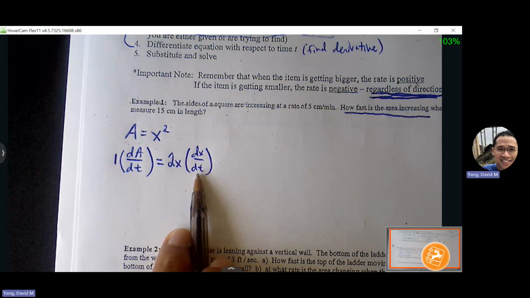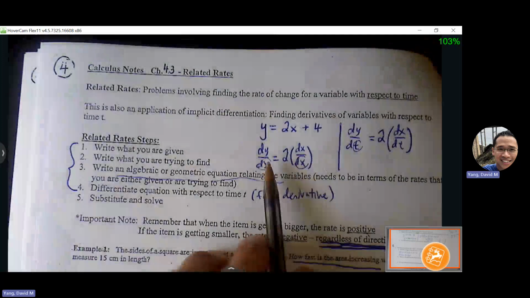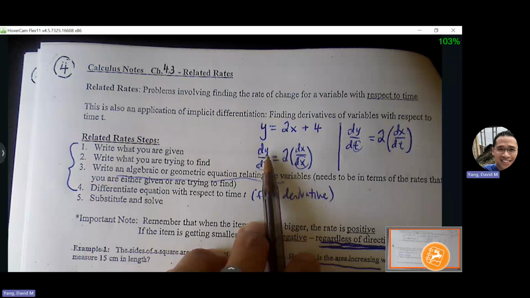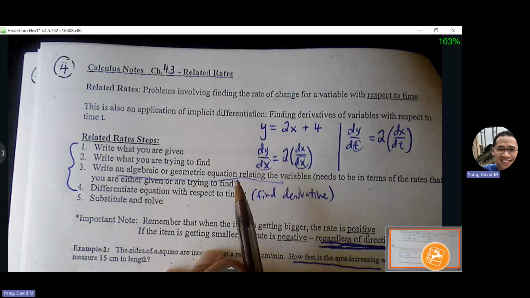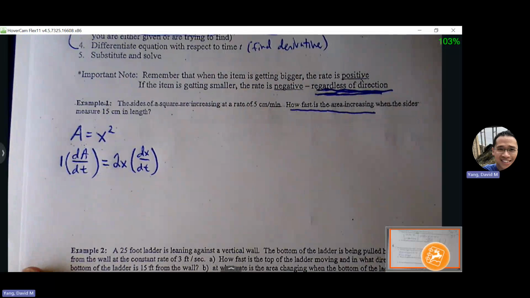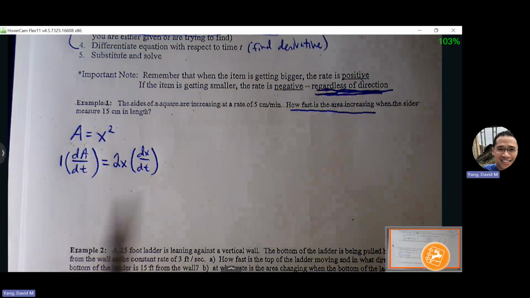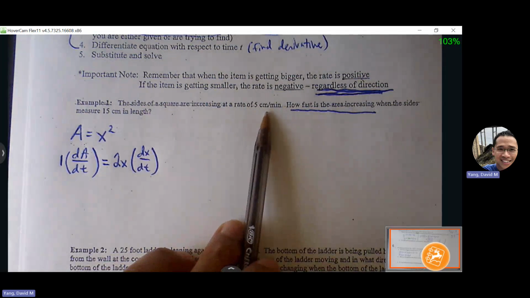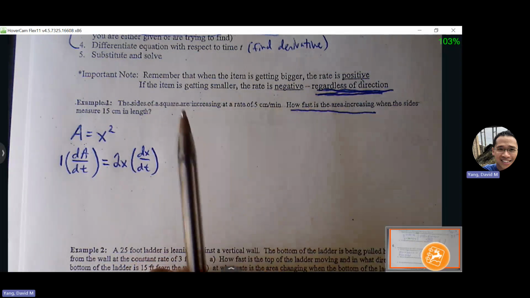So it's not dy over dx anymore, though it may still be dy over dt, because x is not our independent variable now. Time is the independent variable. We'll tell you on the exam if it's x or time. I think we have to kind of figure that out. Basically, if you see something where there's a time component in the problem, it's usually going to be related rates.